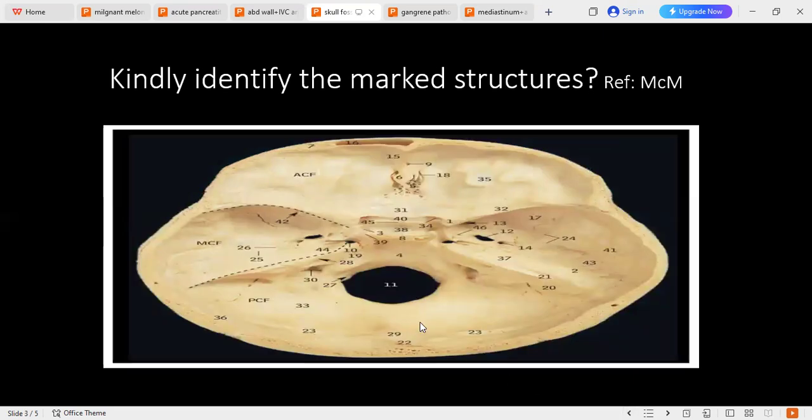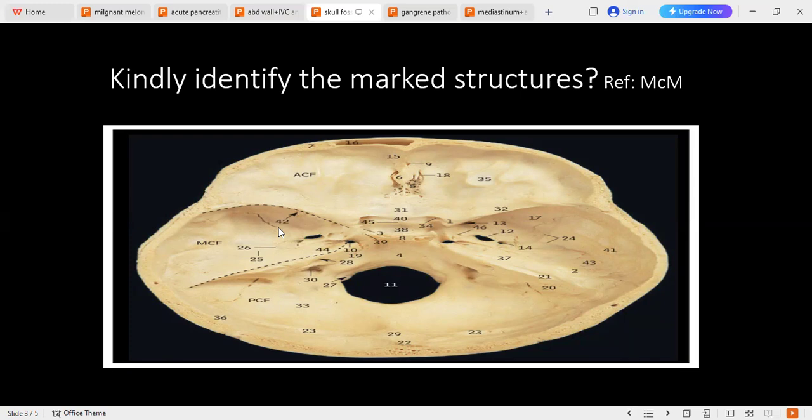Yes, you have identified two. Okay, MCF is middle cranial fossa. Right, and what is 44, please? 44 is trigeminal impression. Okay. There are more things I have to ask you. What is 42, please? 42 is lesser wing of sphenoid.